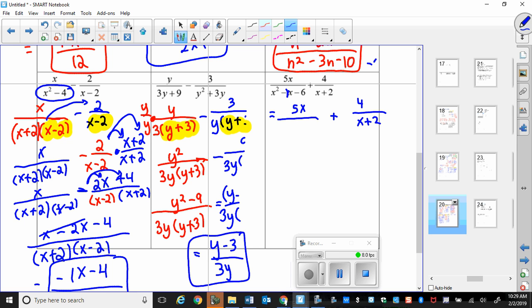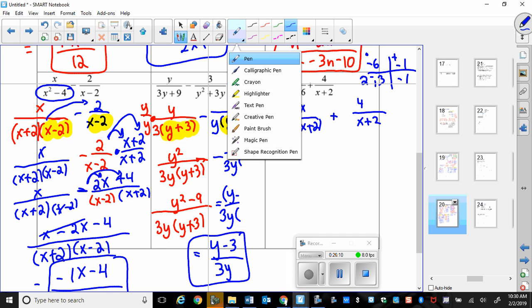So I'm looking for two numbers that multiply to negative 6 and add up to negative 1. So 2 and 3 would fit those needs, but I need negative 1. So 3 minus 2 is negative 1. So my factors here are x minus 3 times x plus 2.